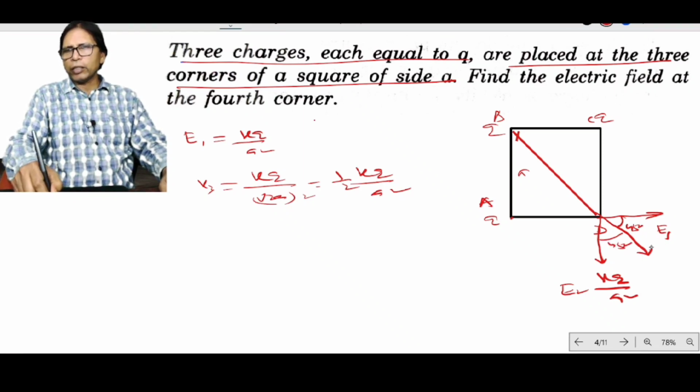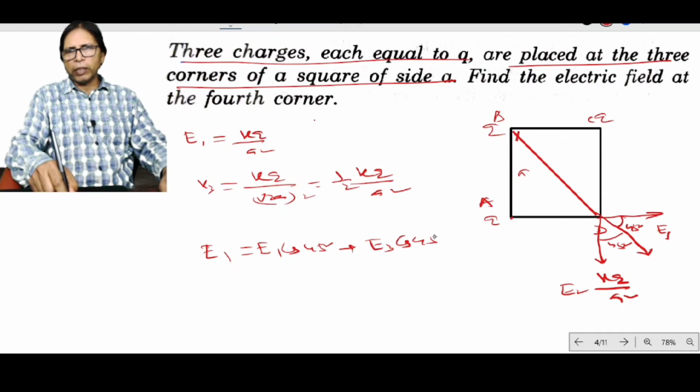So net electric field, look at this, E equals E1 cos 45 degree plus E3 cos 45 degree. Now component of E1 along this direction is E1 cos 45 degree. Component of E2 along this direction is E2 cos 45 degree. So net electric field is E1 cos 45 degree plus E2 cos 45 degree plus E3.